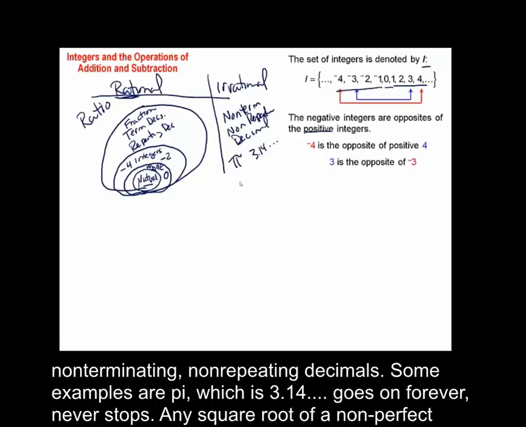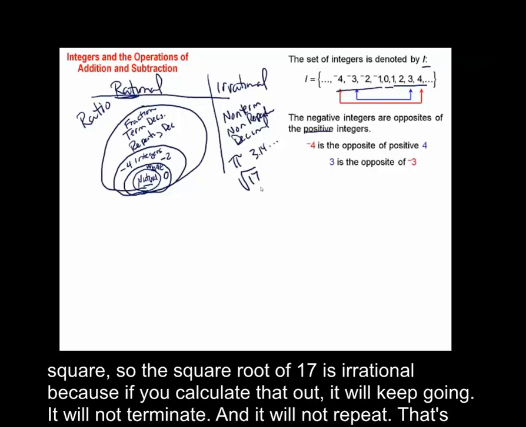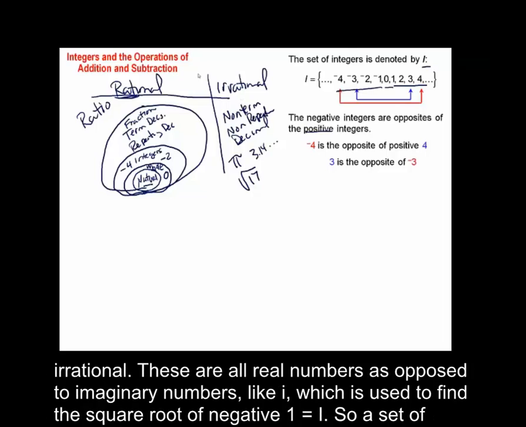Any square root of a non-perfect square, so square root of 17 is irrational, because if you calculate that out, it will keep going. It will not terminate, and it will not repeat. So that's irrational. And these are all real numbers, as opposed to imaginary numbers like I, which is used to find the square root of -1 equals I.